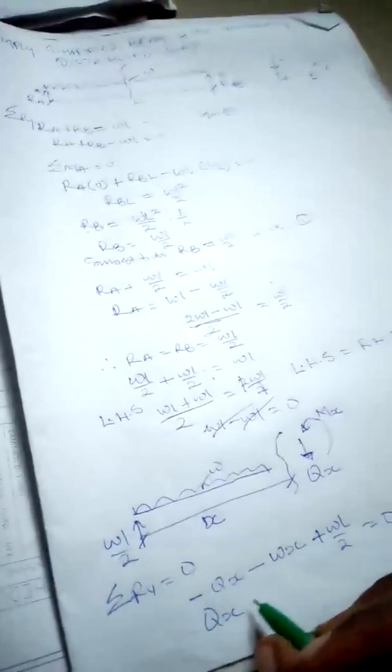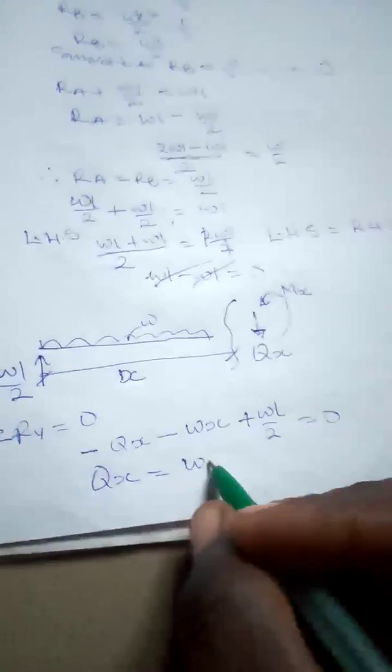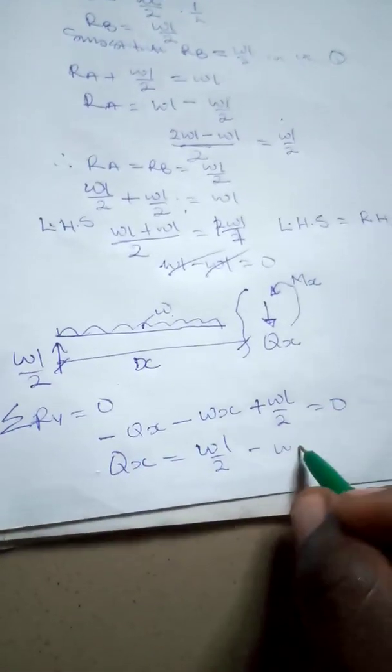Here we have Wx equal to WL all over 2 minus Wx. Here we say when x is equal to 0, from this equation you can see we have WL over 2 minus, when it's equal to 0, we have WL all over 2.